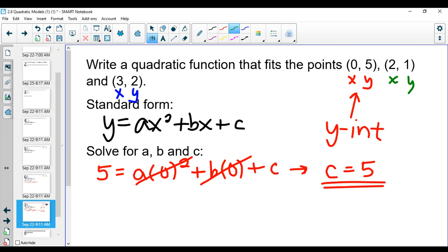Now, if you recognized that 0, 5 is a y-intercept, you could have skipped this step because in standard form, c is always your y-intercept anyway. But if you want to double check, you can still set up your equation and you can see that c is equal to 5. So we're already a third of the way done with this problem. We just need to figure out A and B now.